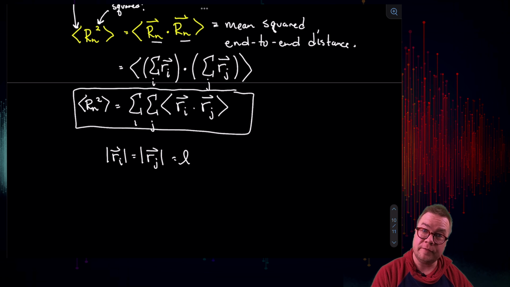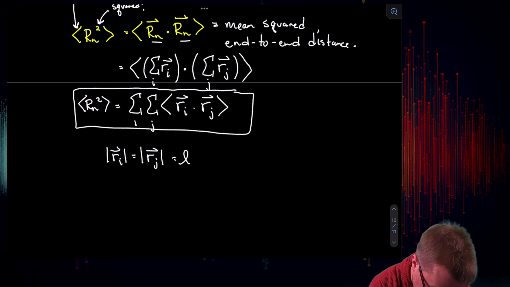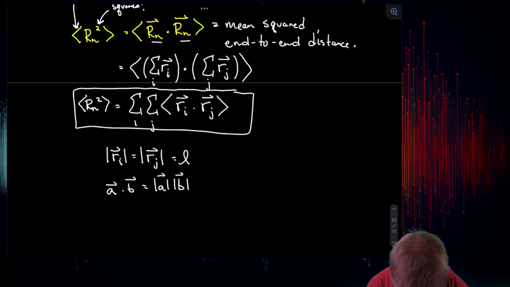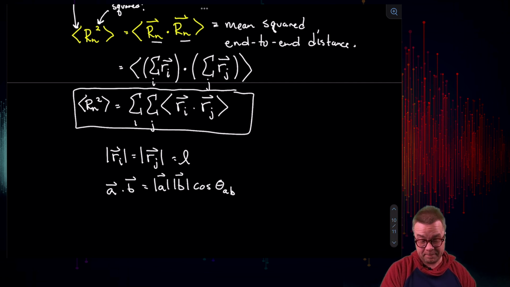And we know that if we have two vectors, if you think back to multivariable calculus or to your physics classes, that if you have two vectors A and B, their dot product is the magnitude of A multiplied by the magnitude of B multiplied by the cosine of the angle between them, right?